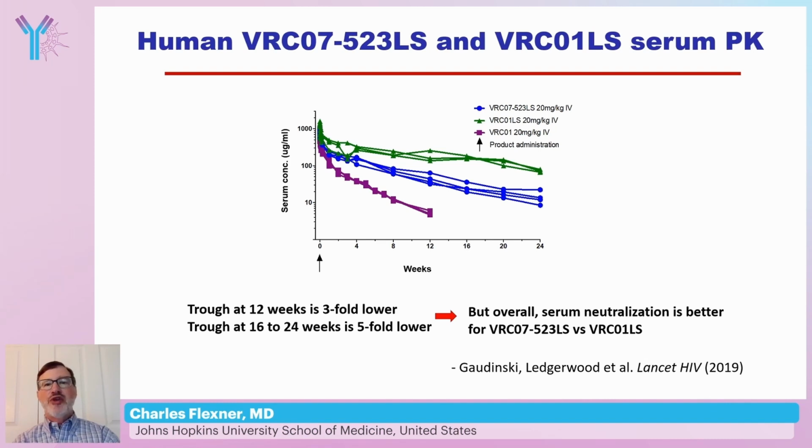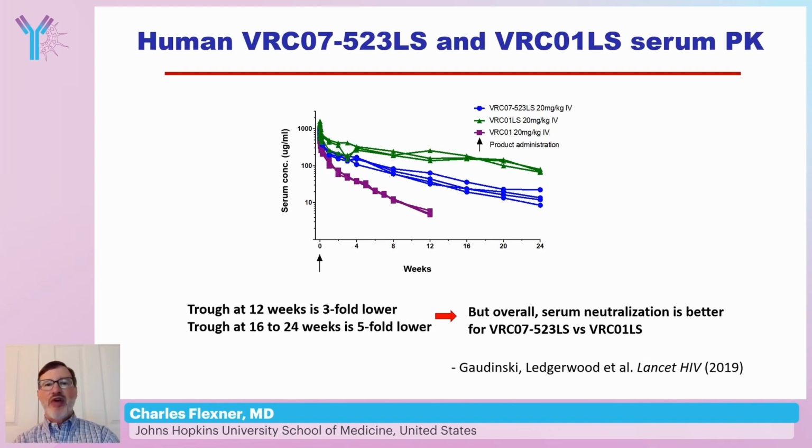In this figure, the maroon is VRC01, the unmodified human monoclonal antibody, showing its relatively rapid clearance from the plasma with a half-life of about a month.